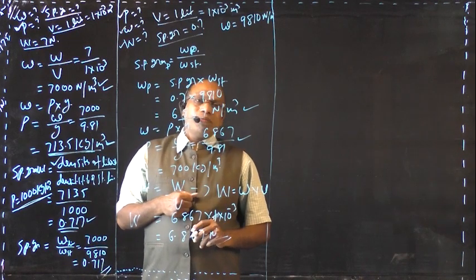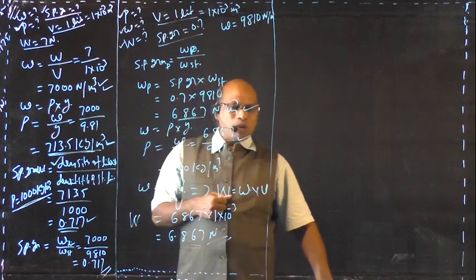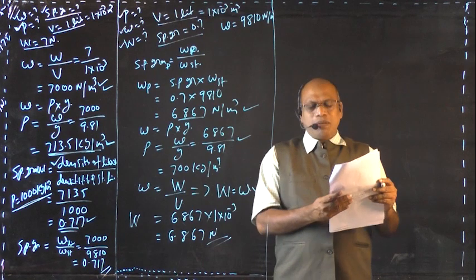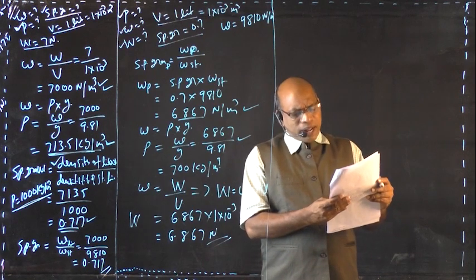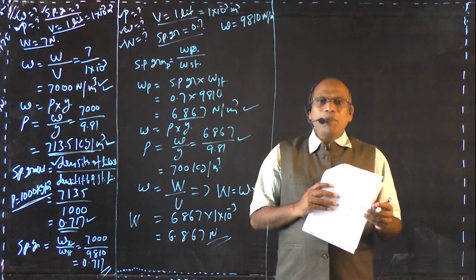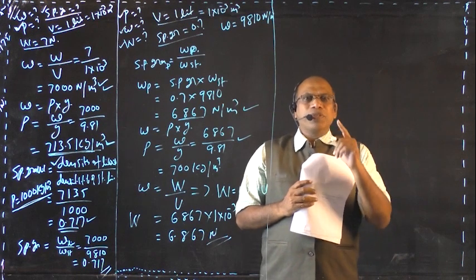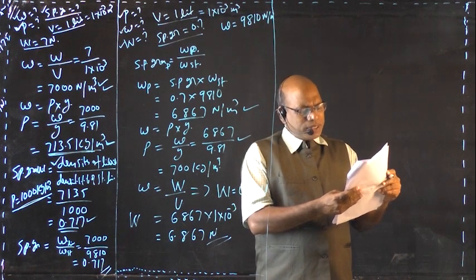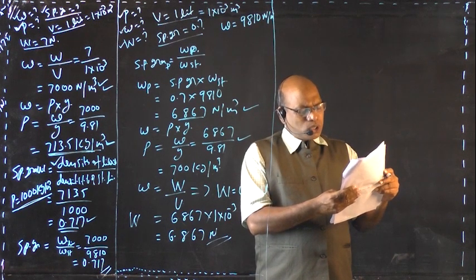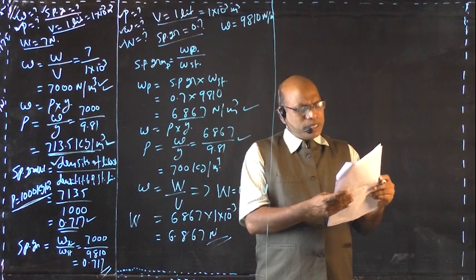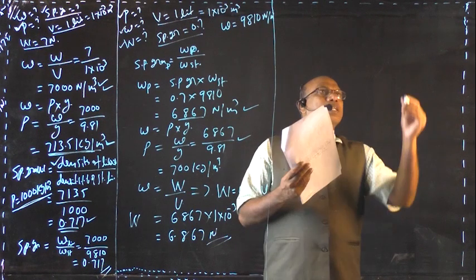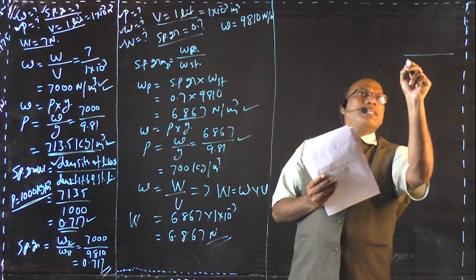Now we are going to solve one more problem related to fluid properties. Please note down the problem, which is related to viscosity. A plate 0.025 mm distance from a fixed plate. Suppose this is one fixed plate.